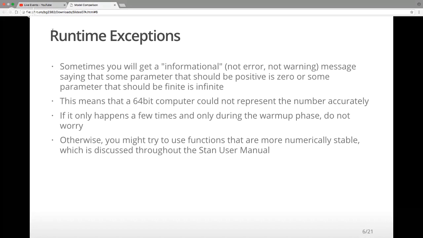That is discussed a lot in the Stan user manual, which we haven't really gotten into that much yet. If they're just in the warm-up phase and there's only a few of them, you don't really need to worry about those at all. If there's a lot of them and they happen after the warm-up phase, then maybe you should be more concerned about them.